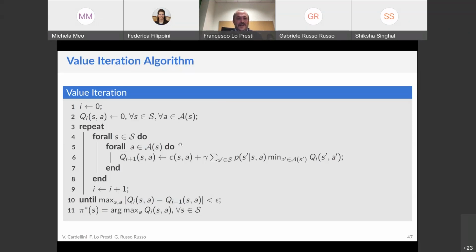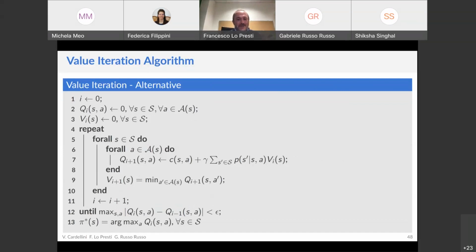I iterate until the difference between two iterations becomes smaller than a given tolerance factor epsilon. When I'm done, I have the optimal Q values, from which I get the optimal policy. This is a very simple and well-known algorithm which sets the stage for everything we'll do from now on.